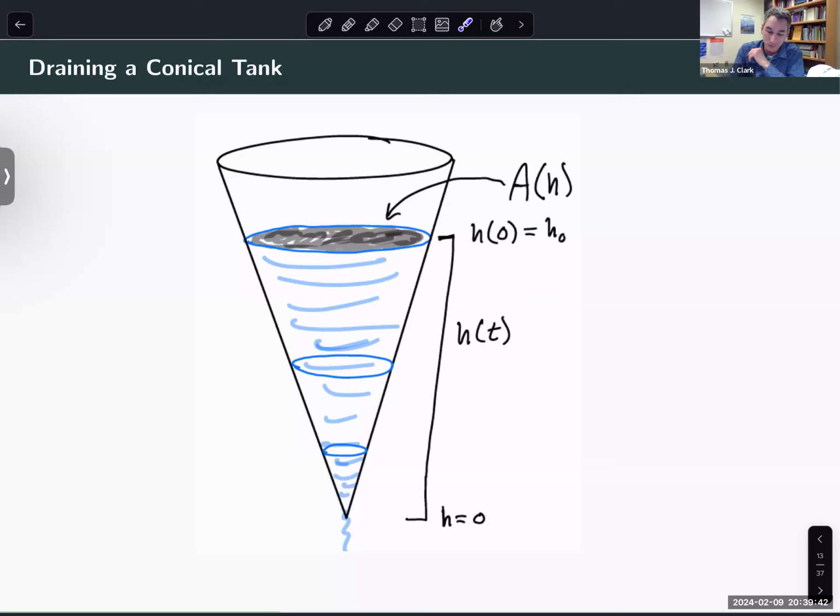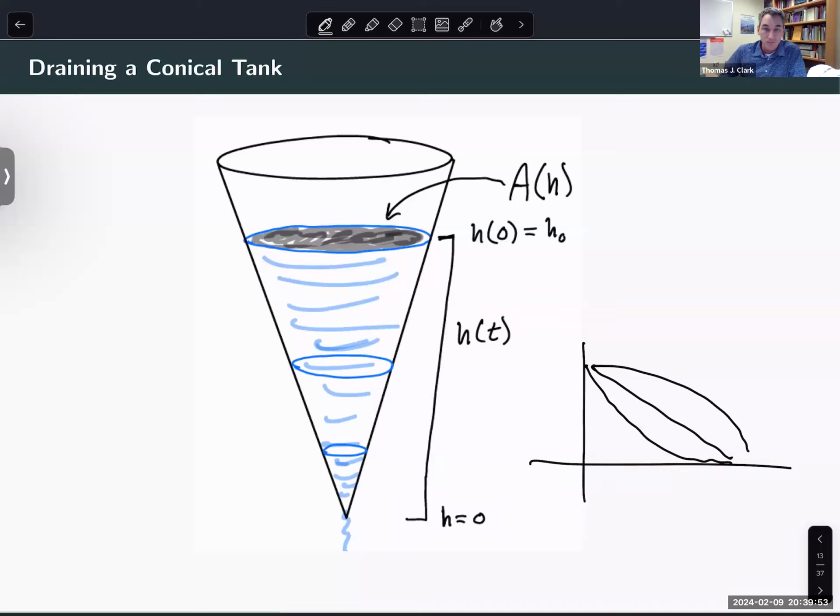And then you can have the students think about, okay, is this going to be fast and then slow, or slow and then fast, or is it going to be linear? The cylinder was fast and then slow. Is the cone going to be the same or whatever? So you can do lots of little things about how you choose to teach it, but it's a great problem.